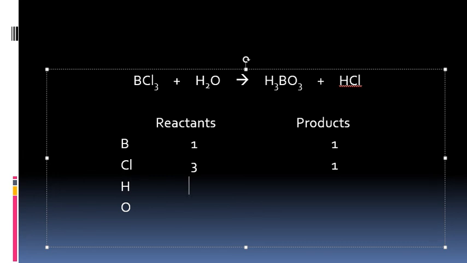Hydrogen, we are going to see that water carries with it 2 hydrogen on the left side, and boric acid has 3 units of hydrogen, and HCl has 1 unit of hydrogen. Therefore, 3 plus 1 is going to be 4. And last but not least, oxygen, which only shows up in water on the left side of the equation, carries with it 1 oxygen, and oxygen only shows up in H3BO3 on the right side.